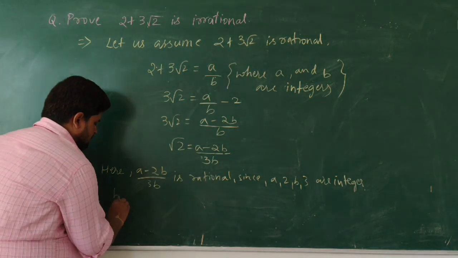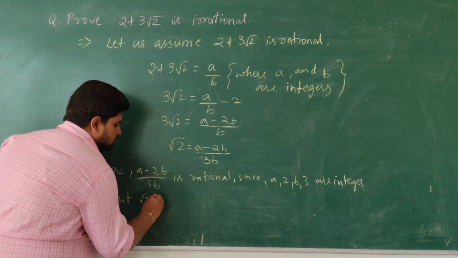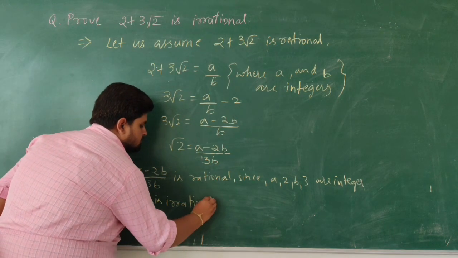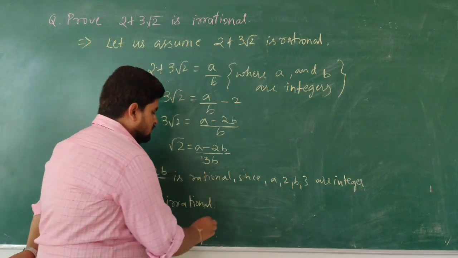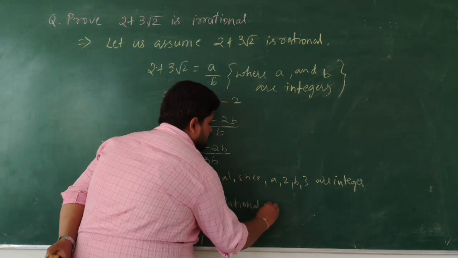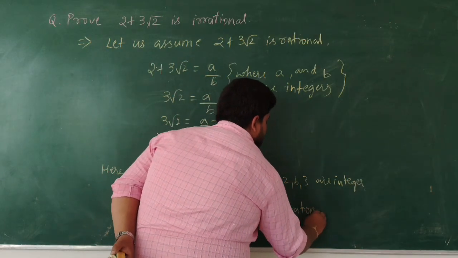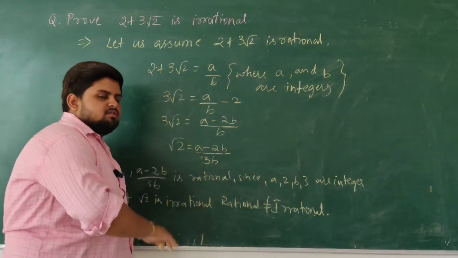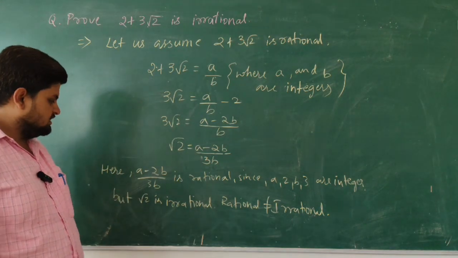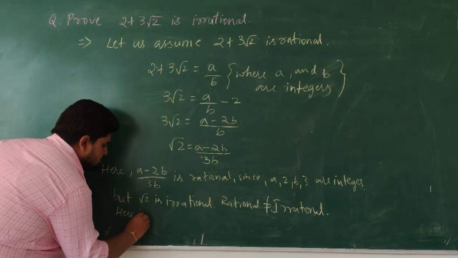But root 2 is irrational. We all know a rational number can never be equal to an irrational number, because they are separate sets of numbers having no relationship between them. So here is a contradiction.